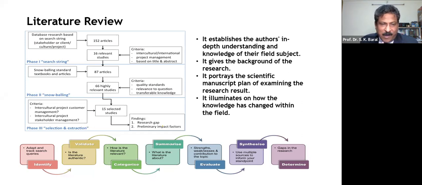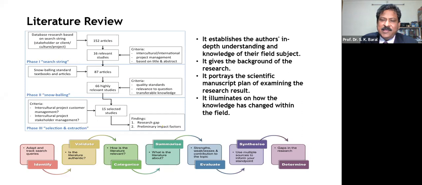So why are you in search of this literature again, running after literature? Because you want to verify the gap, looking into the potentiality of your objectives, because it establishes the author's in-depth understanding and knowledge about that particular field, particular subject. And it helps in examining your research results.